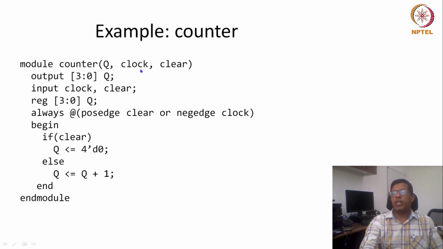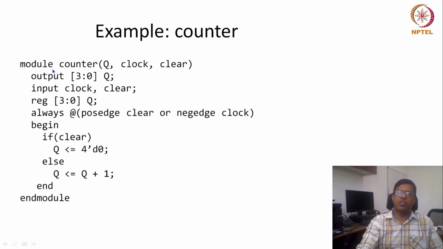There would be another input, clock, and another input, clear. The functionality, let's say, is that whenever clear is there, the counter will start at 0, and otherwise at every clock it will keep on incrementing. What would happen if the 4-bit value of Q is 1 1 1 1? Then the next value will become 0 0 0 0. That's the overall behavior of the counter.